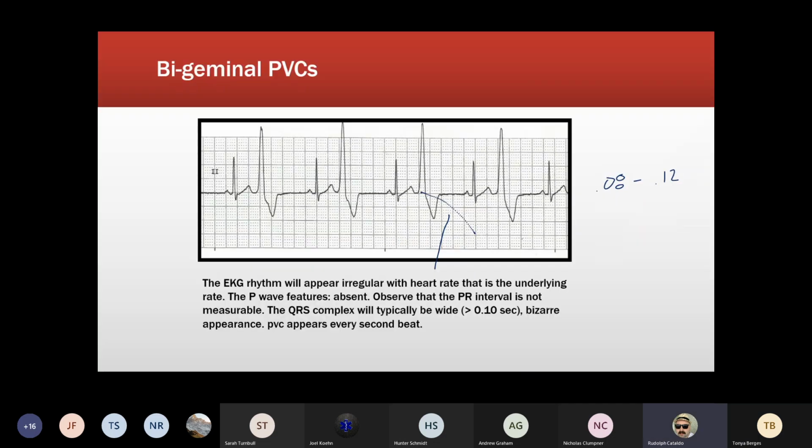So remember, for our QRS complex, I'm looking from here to here, because that's the width of my rhythm. That is my complex, as opposed to here to here. 10 small boxes is 0.40. Anything above 0.12 is a wide rhythm. I don't care what it is, anything above 0.12 is a wide rhythm.